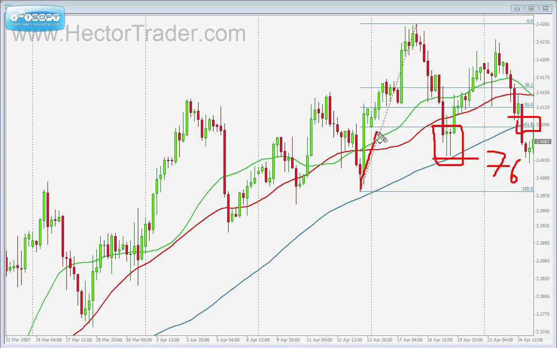Yes, sure, you have a whole new swing to the upside, but the retracement goes almost all the way back to the starting point, the place from where the swing sprang off. All right, I don't like that.